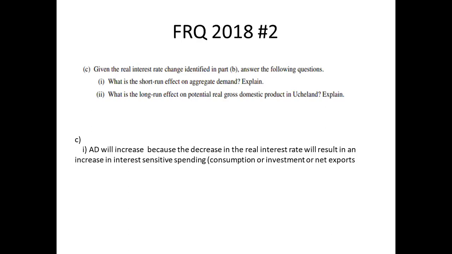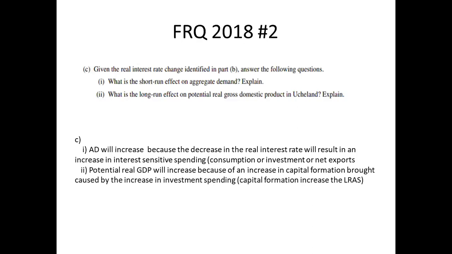Interest sensitive spending, people are going to spend more or less money based on the change in the interest rate. In this case, the interest rate drops, so consumption, investment, net exports are going to go up. So the short run effect on our aggregate demand is going to increase. What about the long run effect on our potential gross domestic product?